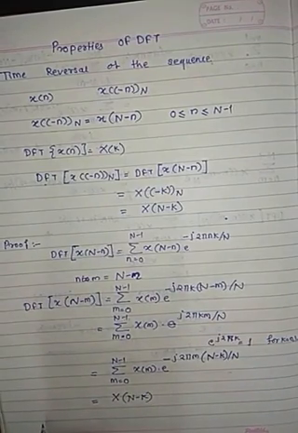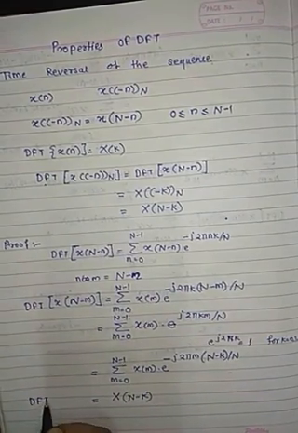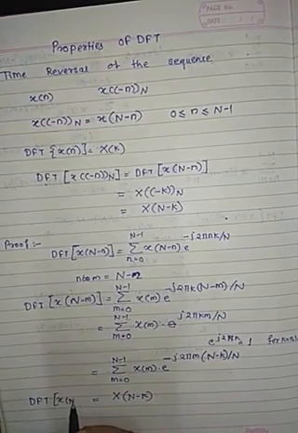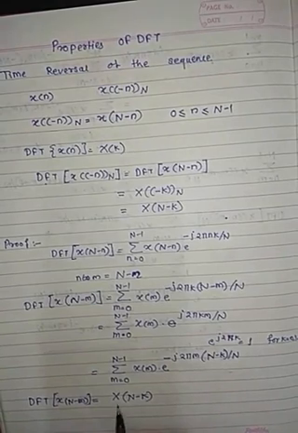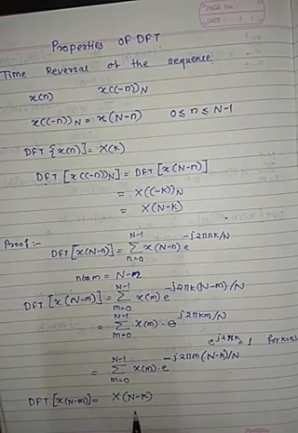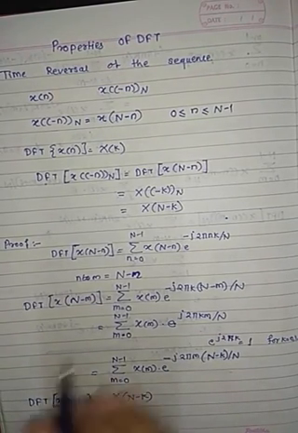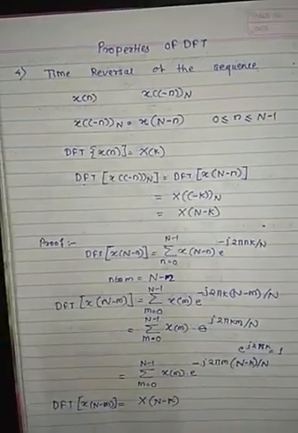Thus we have proved that the DFT of x of N minus n is equivalent to X of N minus k. So this property is the time reversal of the sequence.